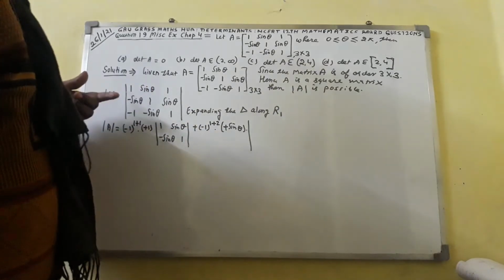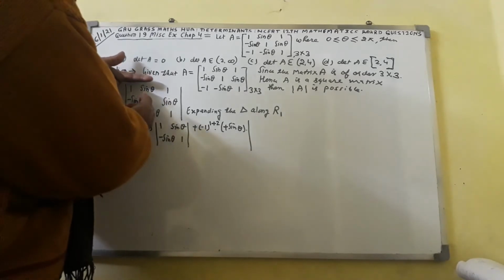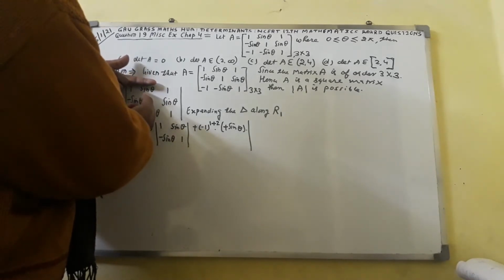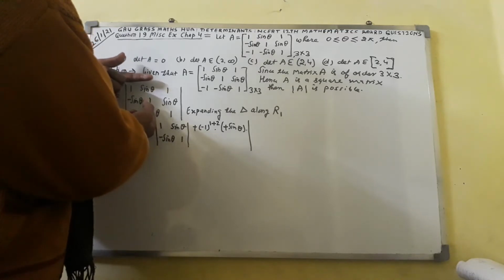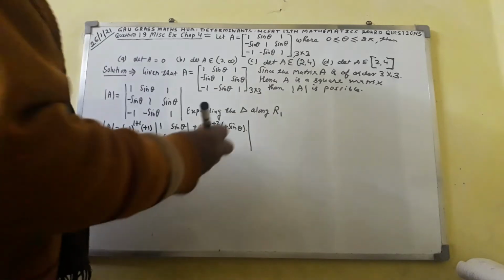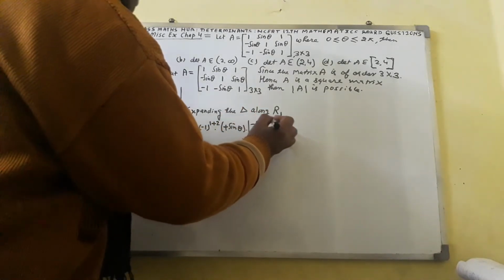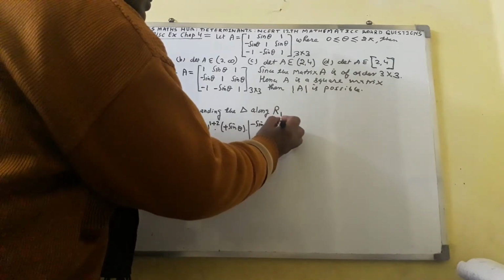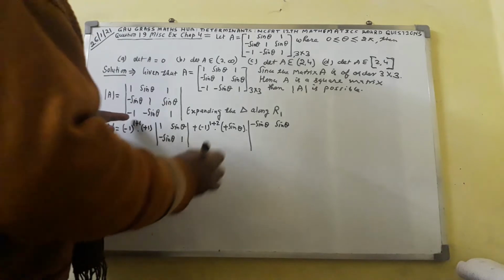The sin theta is there in first row and second column. The first row and second column will be hidden. You get the minor of sin theta as the determinant minus sin theta, sin theta; minus 1, 1.